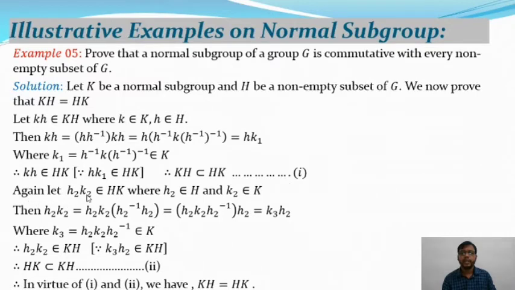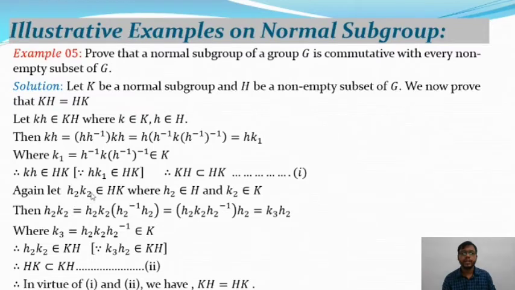Again let h2 k2 belong to HK, where h2 belongs to H and k2 belongs to K. Then h2 k2 can be written as h2 k2 into h2 inverse into h2, where h2 inverse into h2 equals the identity. You know that. So applying the same thing, we have h2 into k2 into h2 inverse into h2, where h2 k2 h2 inverse equals k3, and it also belongs to K. So therefore h2 k2 belongs to KH, where k3 h3 belongs to KH.